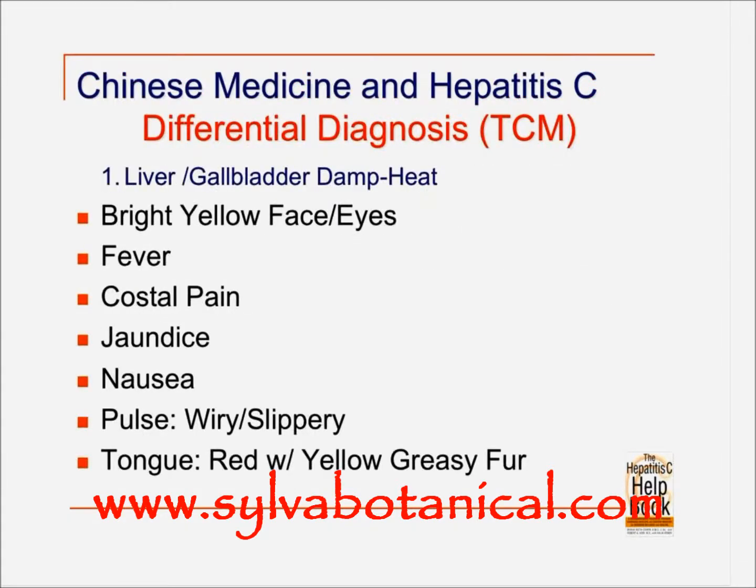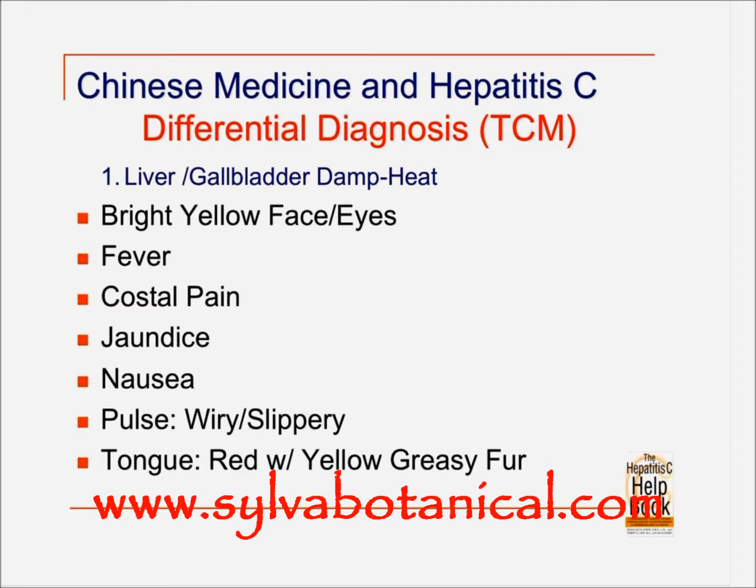I'm sure that some of you have seen people with acute hepatitis and will recognize this syndrome. I think this is what you tend to learn in school about acute hepatitis. The predominant acute hepatitis seen is liver gallbladder damp heat. I'm only including the symptoms that are associated with viral hepatitis.